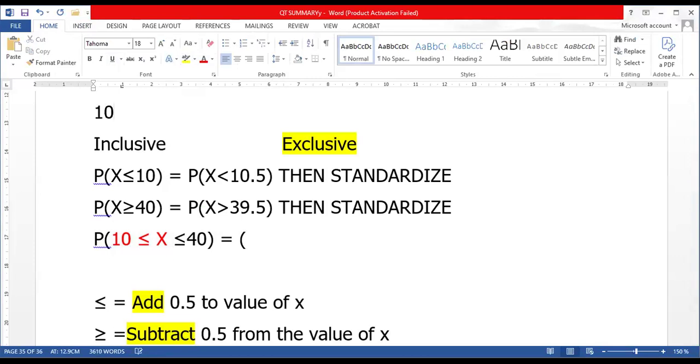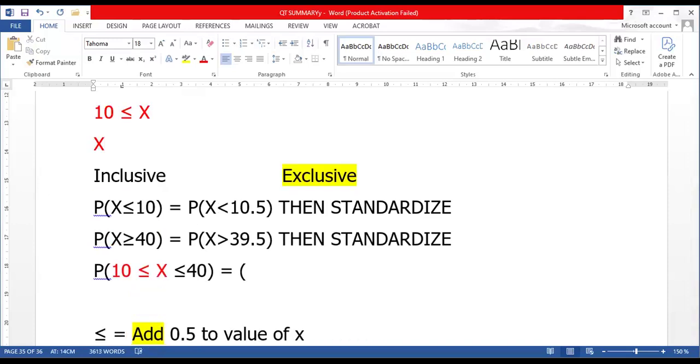If you rearrange and you want to start with x, what will you have? Ten is less or equal to x. Technically, it means that values of x are greater than 9.5.